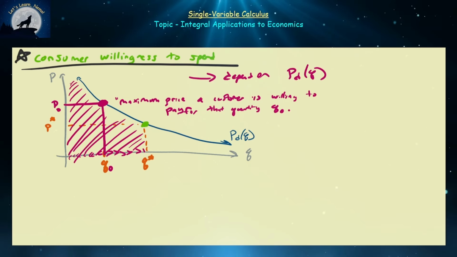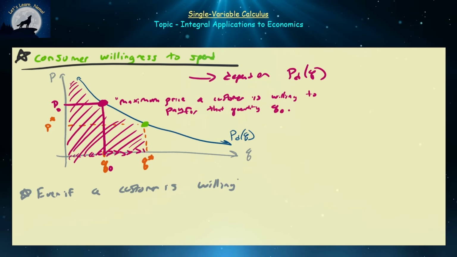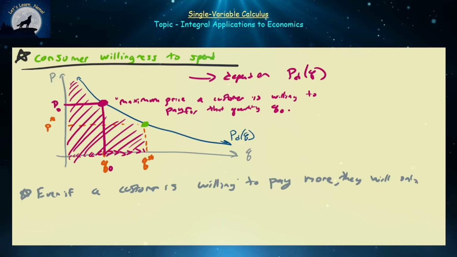And let's also make one other quick note before we give the calculus definition. So keep in mind, even if a customer is willing to pay more, they will only pay P star when the market is at equilibrium.